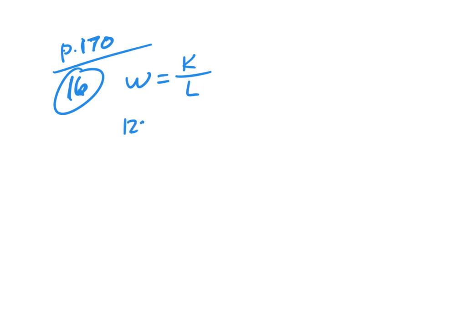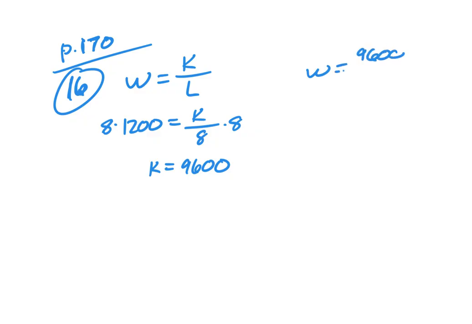So the 1,200 is the weight. The length is 8. And then to find out what K is, we're going to multiply it by 8 on both sides. And that would be our equation.